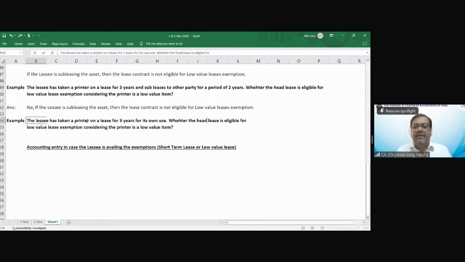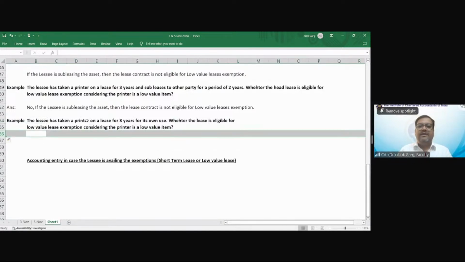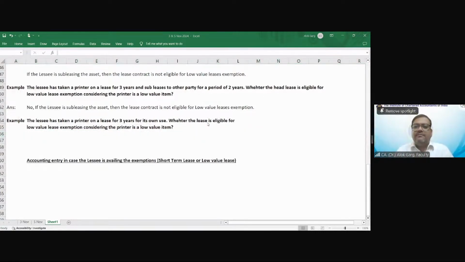Whether the lease is eligible for low value lease exemption, considering the printer is a low value item. Yes, sir. But in this case, the contract is for 3 years. So we are taking it on the basis of low value, not on the basis of that term.